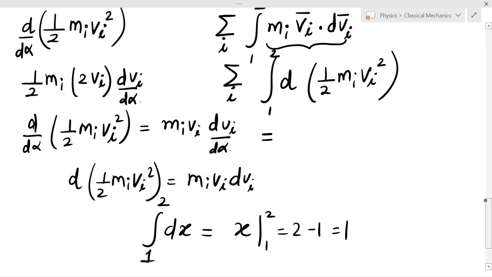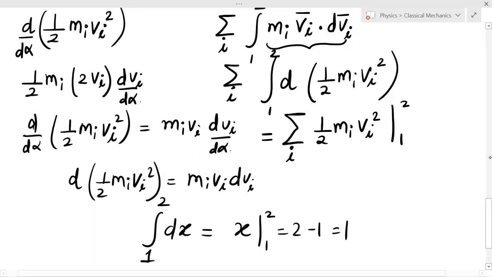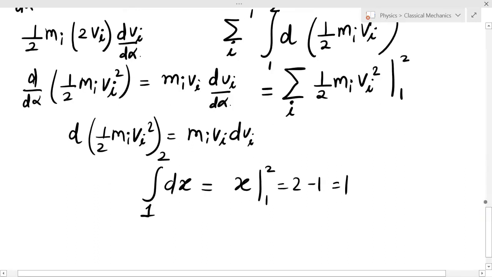Same way, consider half mi vi square as x. So here it will be half mi vi square evaluated between the limits, and summation over i. Okay, so this is the expression.